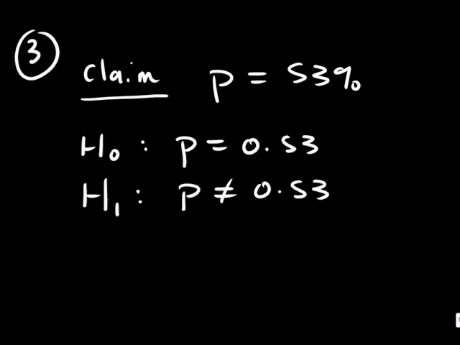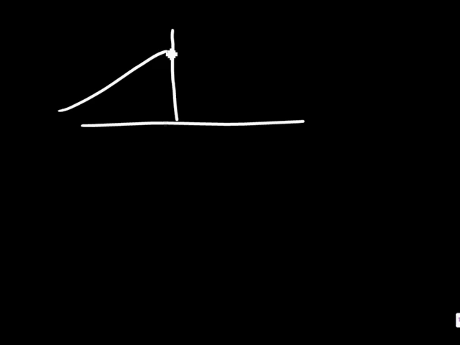Let's notice that we look again at the alternate hypothesis, and we have a not equal. This indicates we have a two-tail test. Decision rule for a two-tail test.